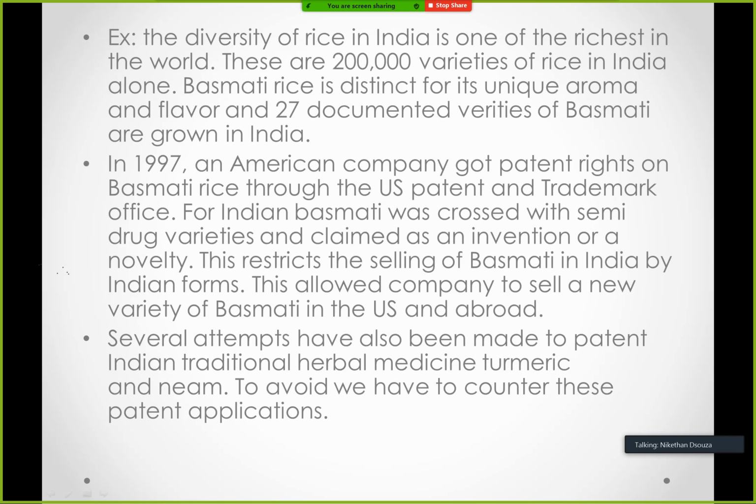There were also several attempts for turmeric and neem, where they claimed to have invented some antibiotic properties in turmeric and neem, so that no one else should use those property rights. But it's an ancient Ayurvedic medicine. The Indian government has also overcome those patent rights.